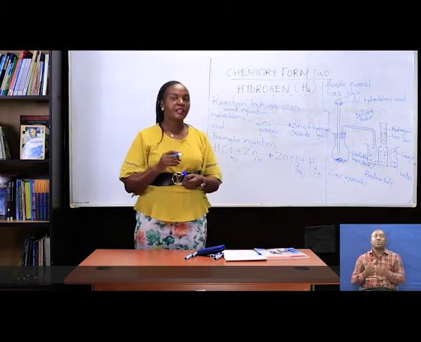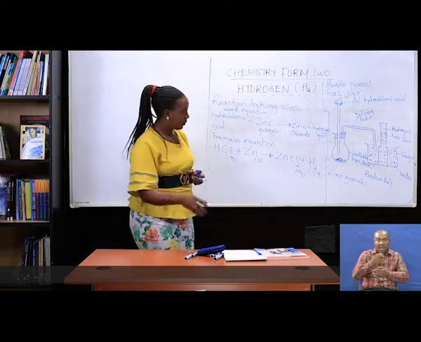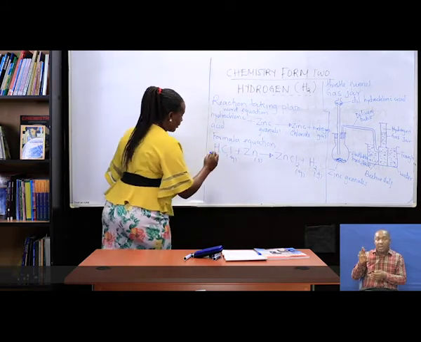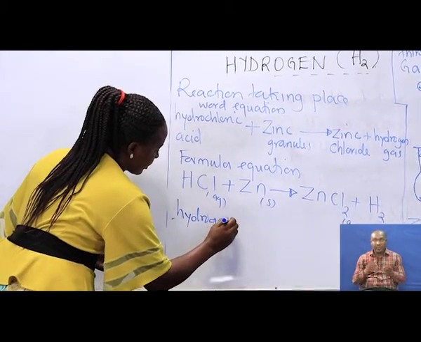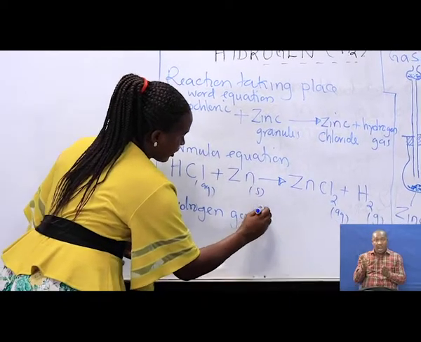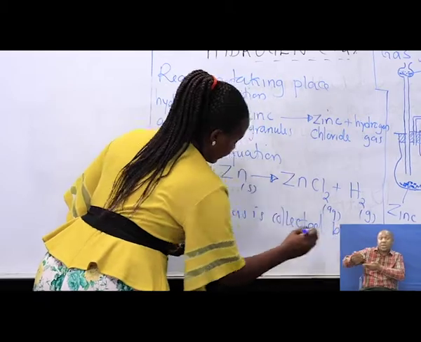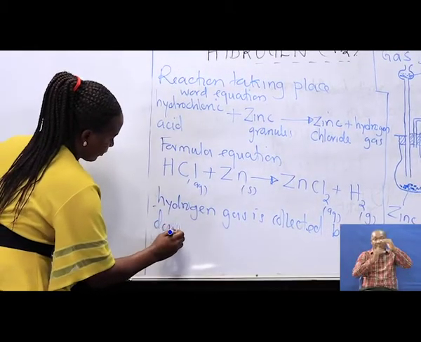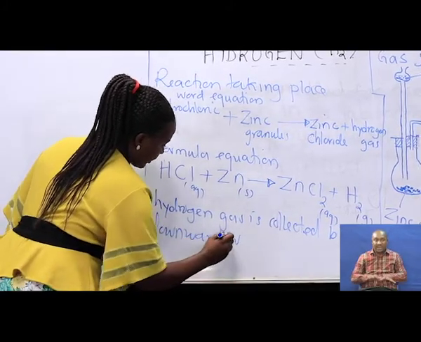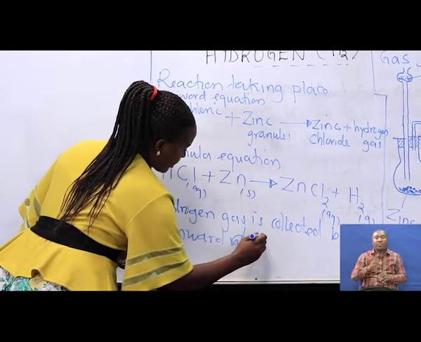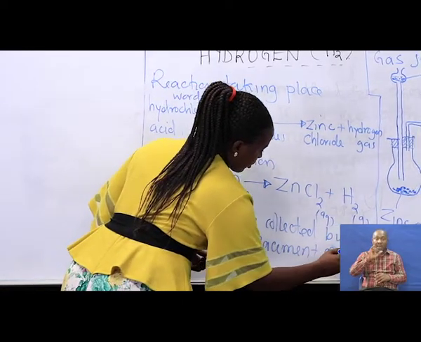Let us see the method for collecting hydrogen in the laboratory. Hydrogen gas is collected by downward displacement of water.